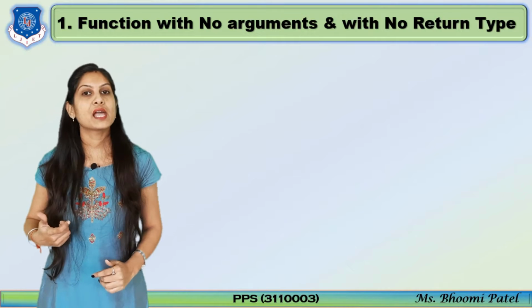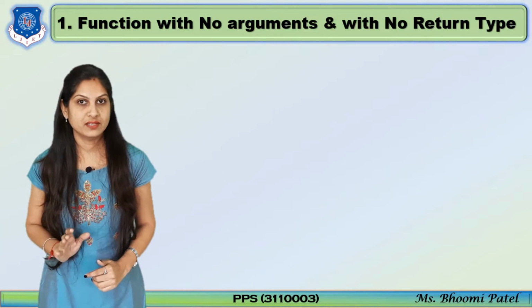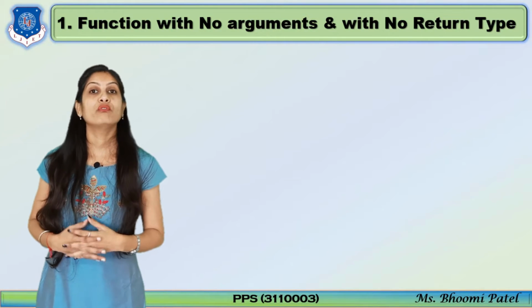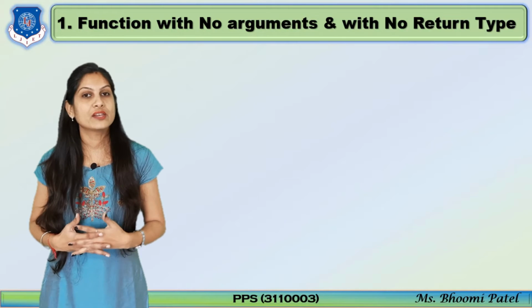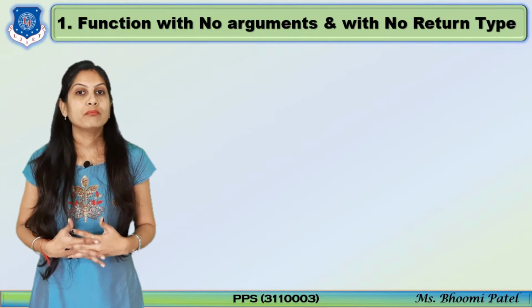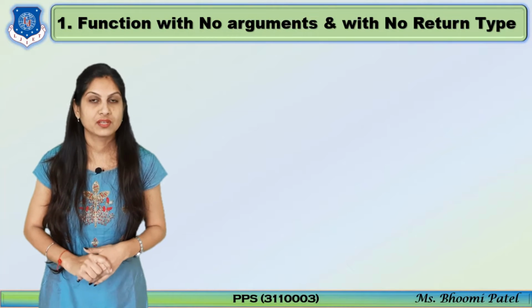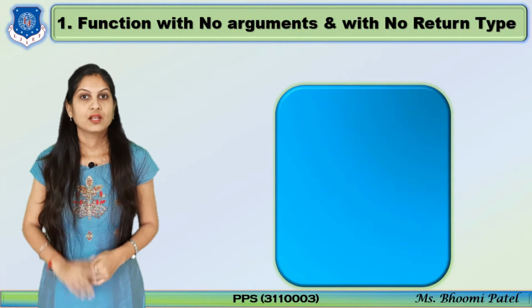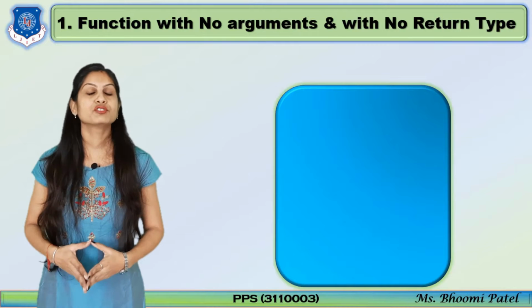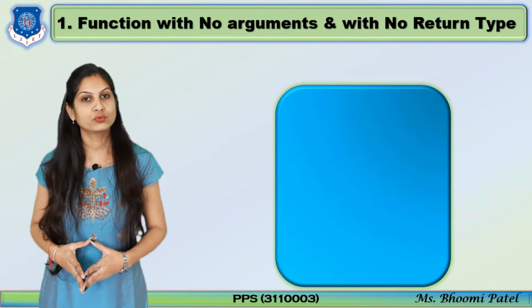Now no return type you already understand. What is the meaning of no argument? No argument means in the bracket we are not passing any parameters. Clear? So keep it blank. Now take one simple example to find the sum of two numbers.